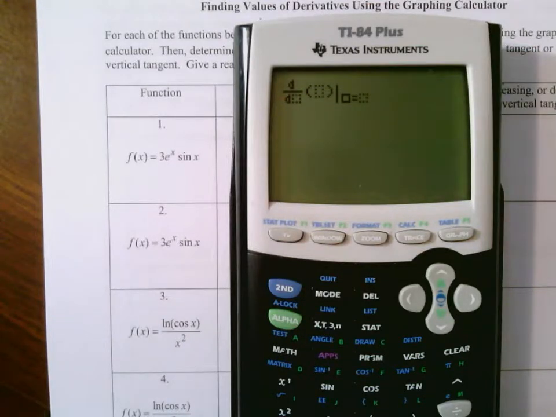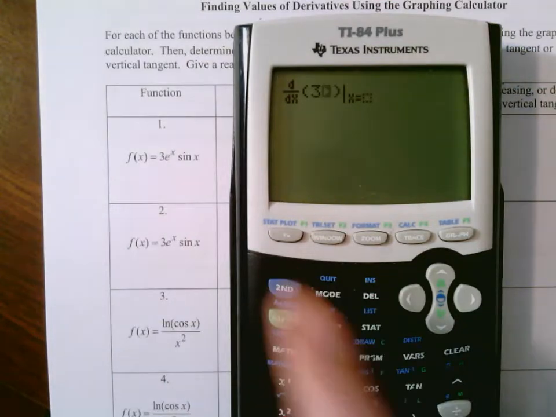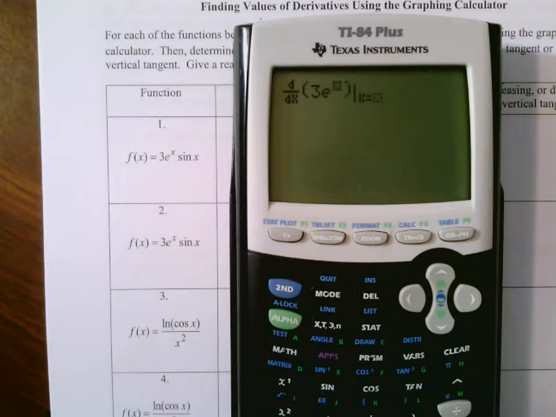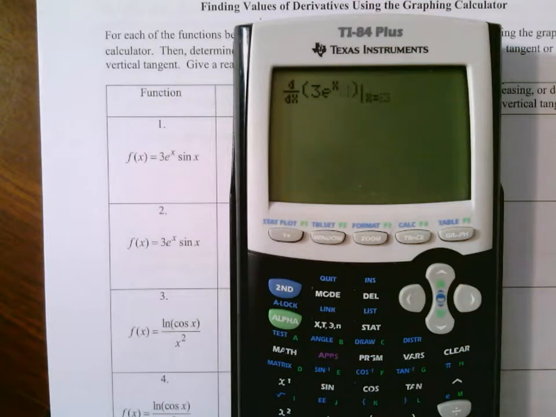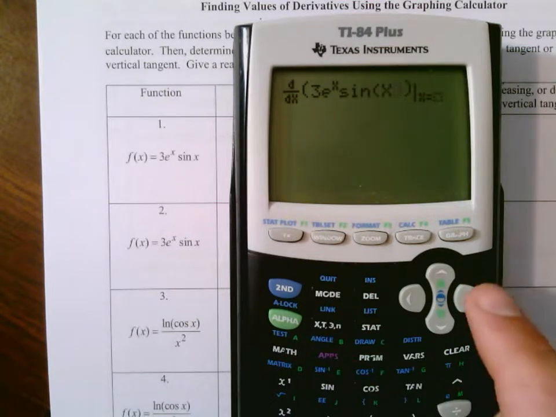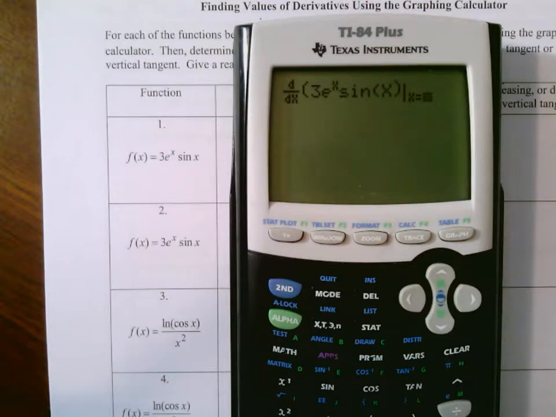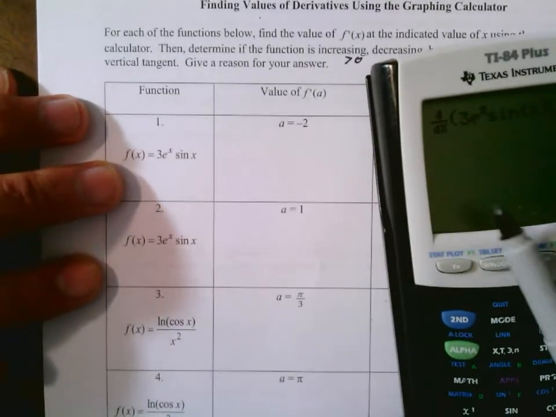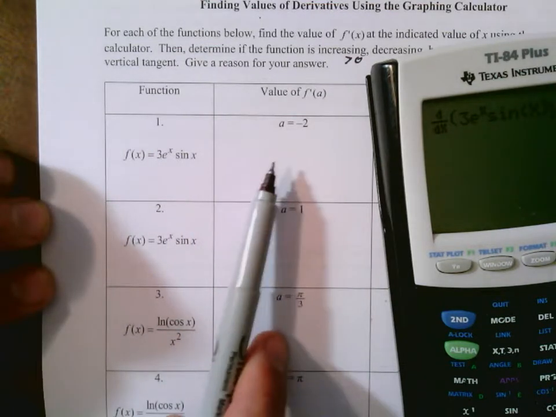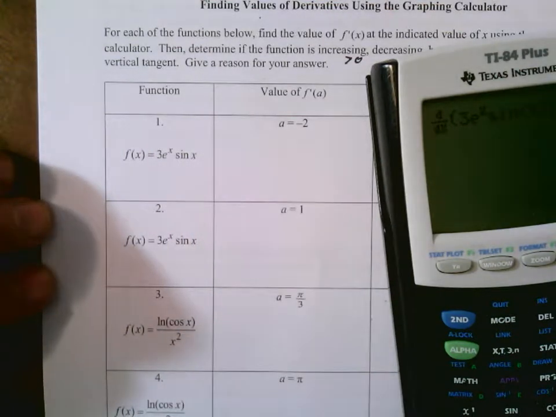Well, the only thing you know right now is with respect to x. So here we'll plug in our function, 3 e to the x times sine x, and we want to know when x, or it says a in this particular example, equals negative 2.